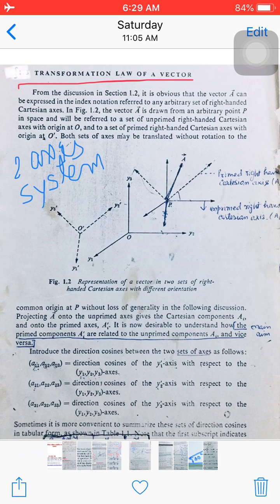Similarly, when we consider a21, a22 and a23, what is common? Two is common.